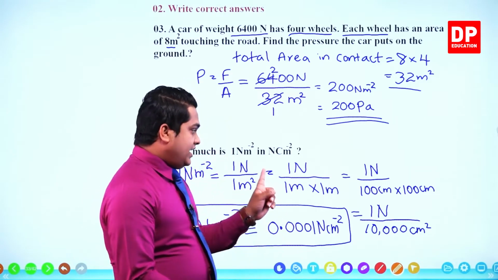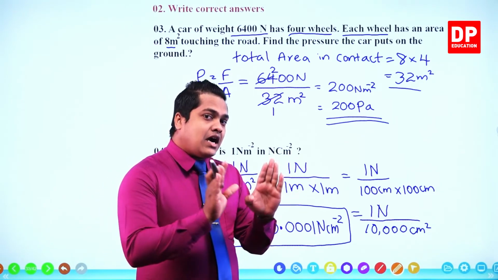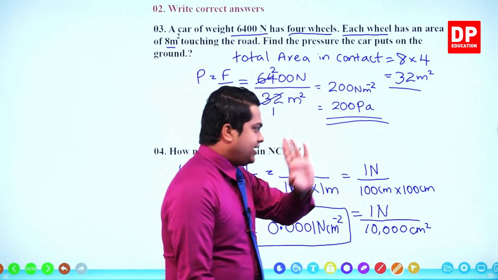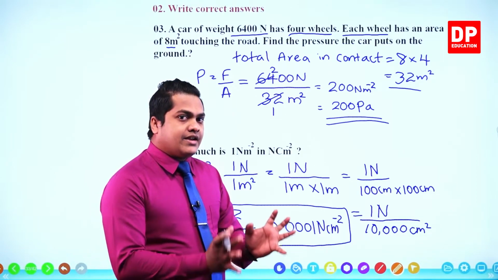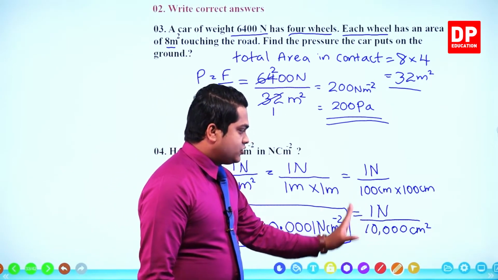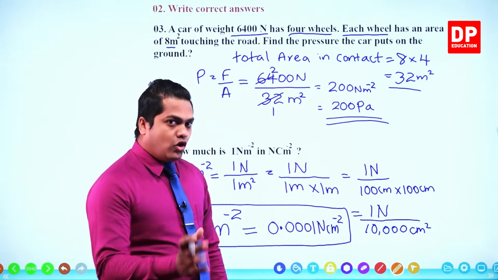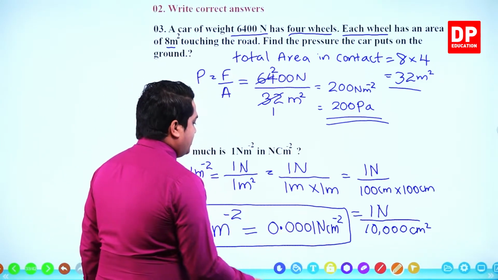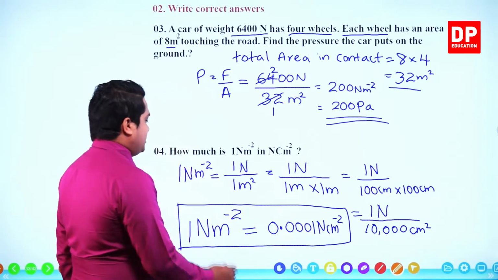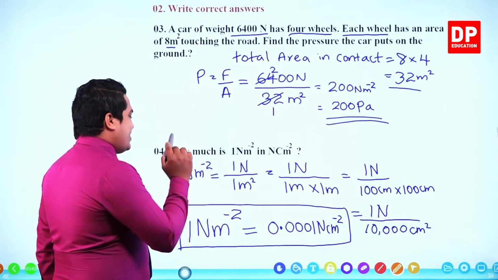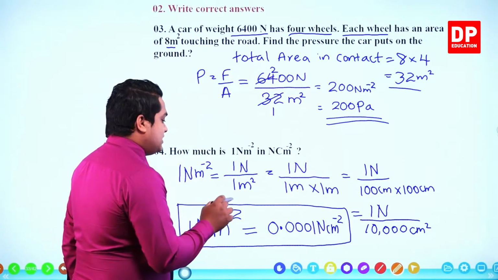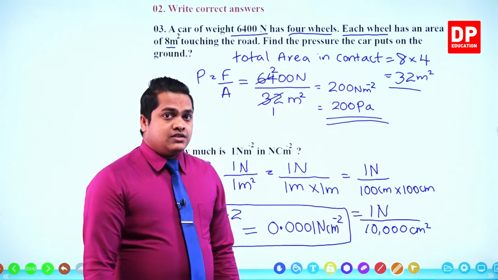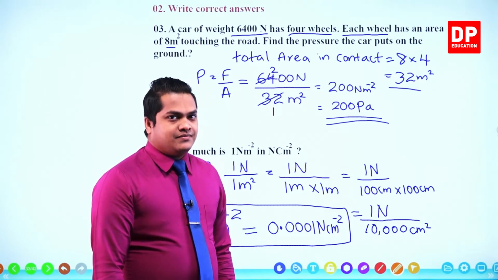Then each 1 meter contains 100 centimeters. 100 centimeters into 100 centimeters, 100 times 100 is equal to 10,000. So 1 over 10,000, altogether 0.0001 newtons per square centimeter. So 1 newton per square meter is equal to 0.0001 newtons per square centimeter.